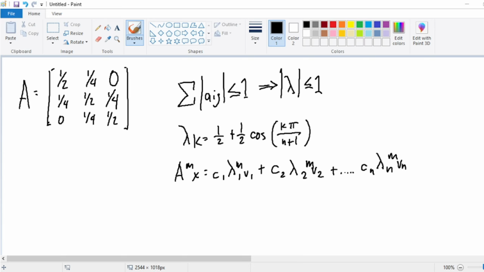Therefore, the noise decreases. As m approaches infinity, lambda sub k to the m approaches zero, and high frequency noise decays fastest.